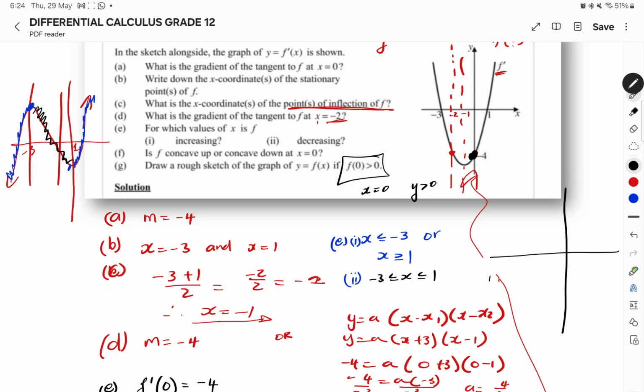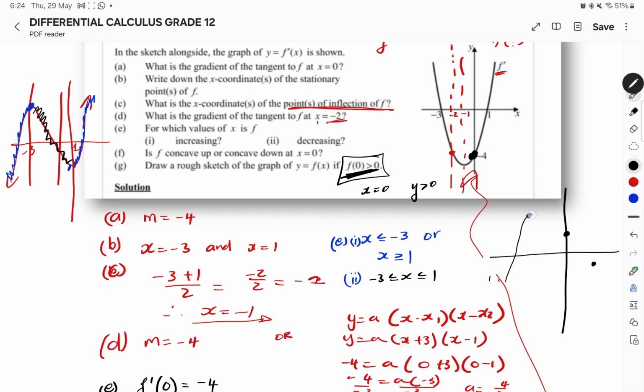So let's do a rough sketch. I have point 3 where the graph has to turn. At -3, it's turning. And at 1, it's also turning. But obviously, it has to turn this side. And then they told us this is the x-intercept. This is the y-intercept. At x equals 0, it must cut somewhere positive. So it's cutting somewhere there.